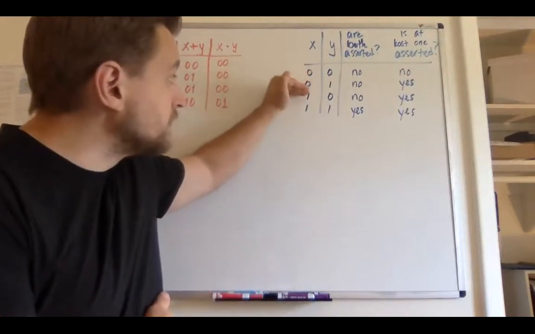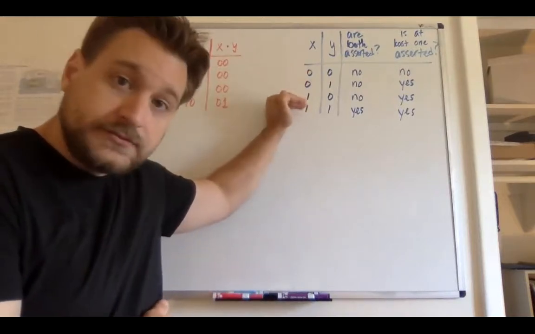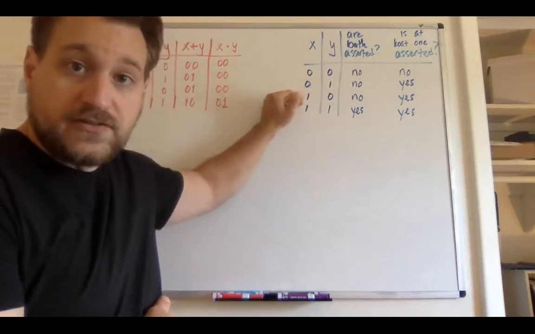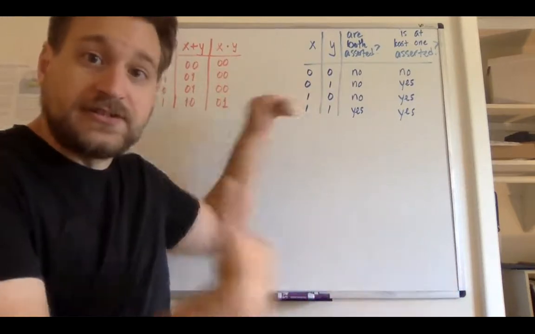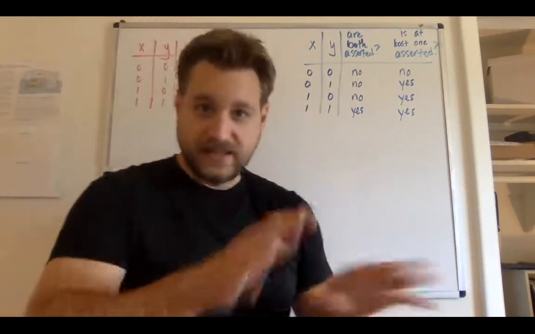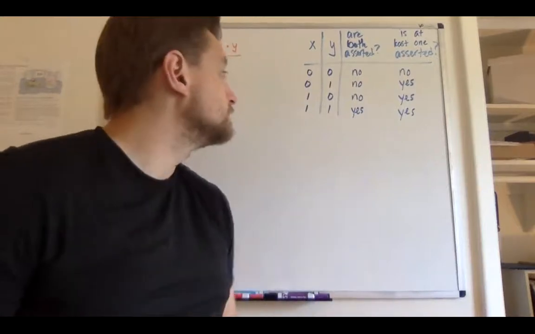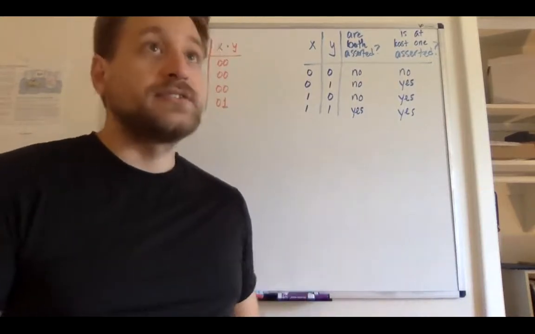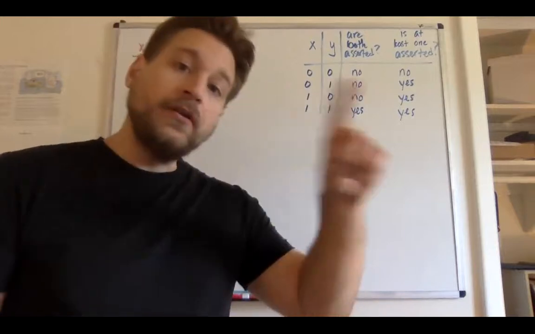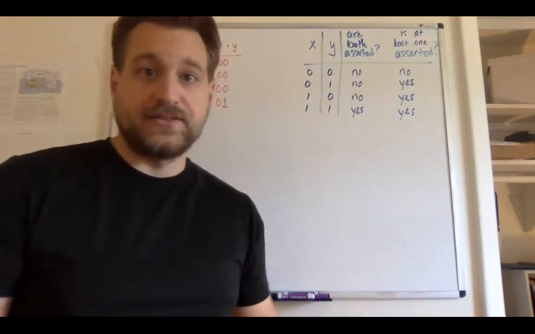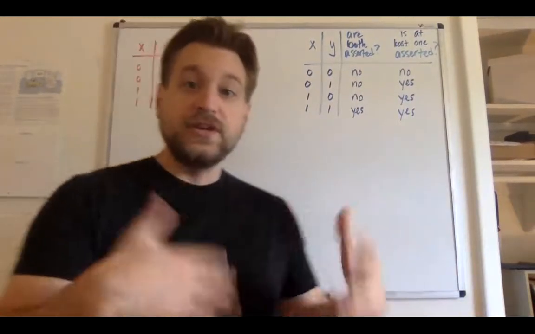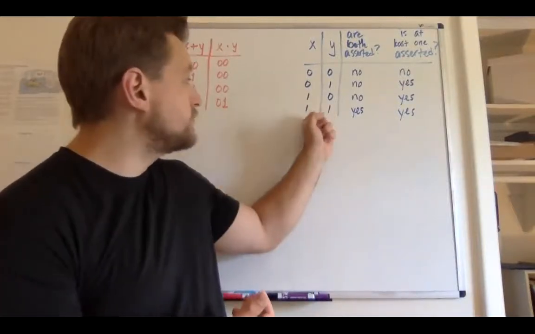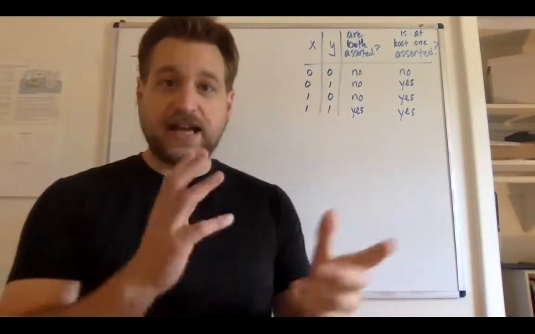And then for the others, the answer would be no, because in each of these states, at least one of them is asserted, so it isn't true that neither of them is asserted. We could answer other questions, is it true that either one or the other, but not both, is asserted, and so on and so forth. And we could answer these yes or no style questions about these 2 signals, x and y.